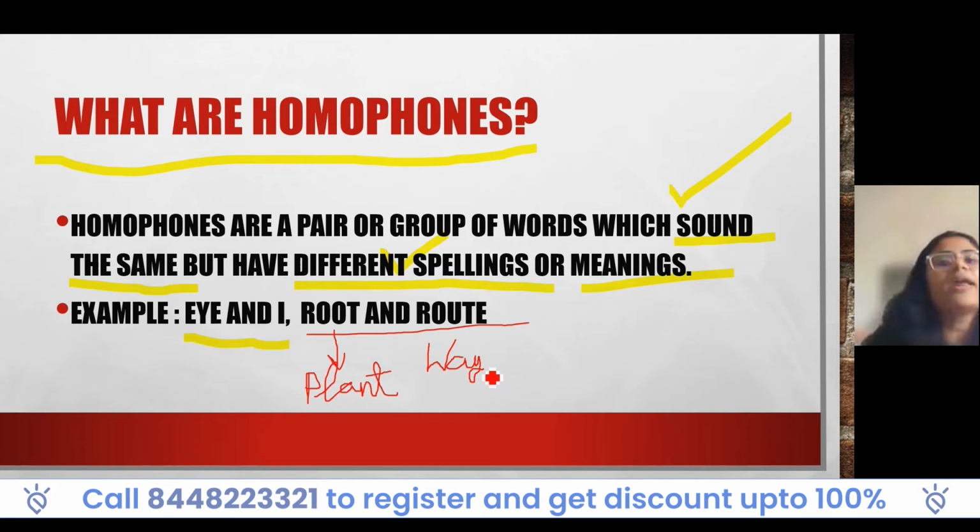Now, what I was telling you, the students are aware root and route are homophone pairs. They have different spellings, they have different meanings. But for example, R-O-O-T refers to the plant root, and they correspond it to R-O-U-T-E, meaning that route is the root which refers to the plant, whereas root refers to the direction.